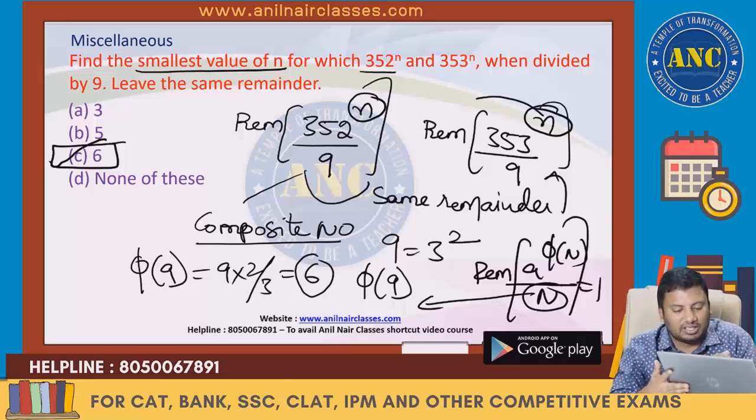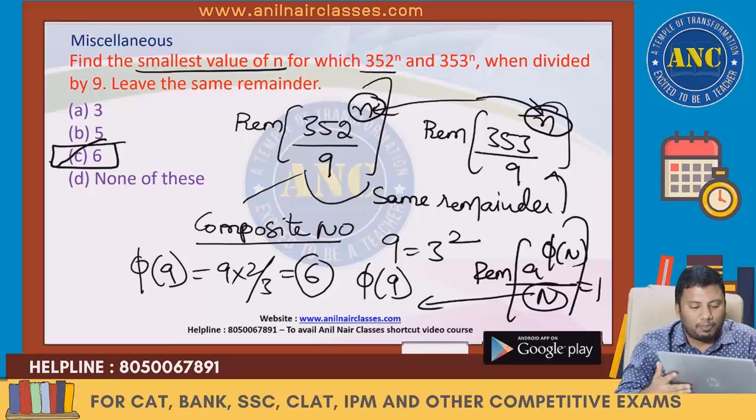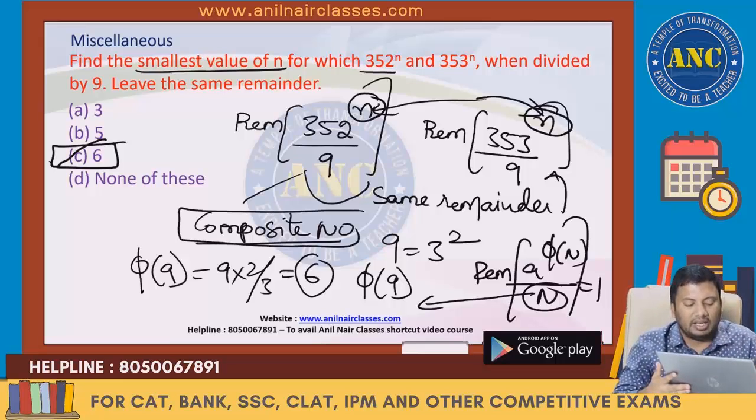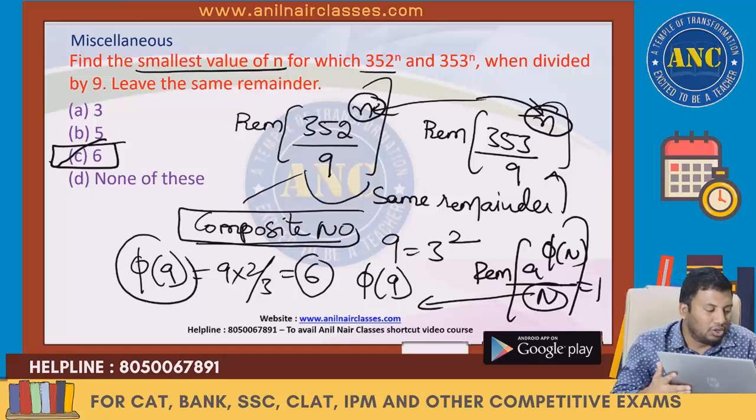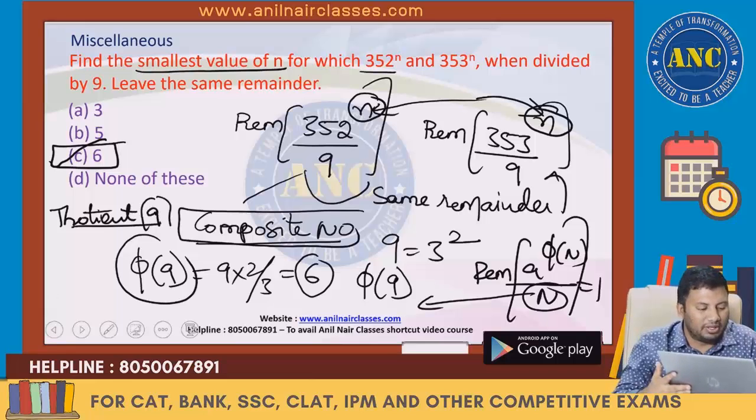N is the composite number, so do the quotient of n. If you do the quotient function of 9, at the quotient value the remainder will be the same.